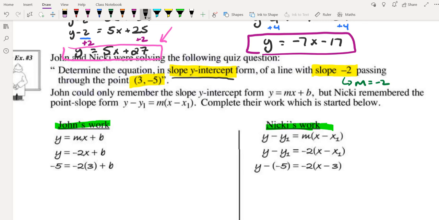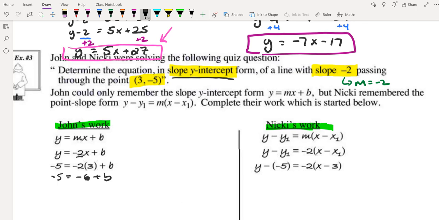So John's method here, he goes y equals mx plus b. He plugged in the value of our slope. Then he doesn't know what the value of b is, so he plugs in the point that you're given. Well, we know the y value is negative 5. We know the x value is 3. Then we multiply and we solve. So negative 5 is equal to negative 6 plus b.